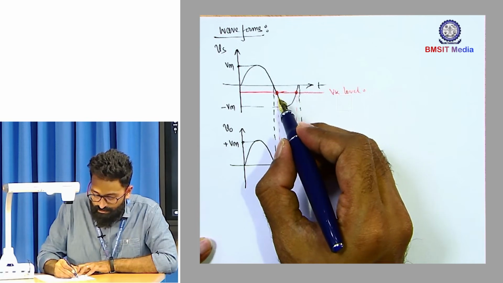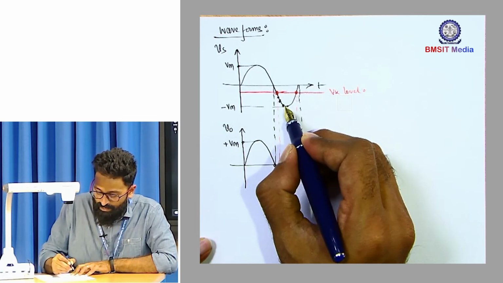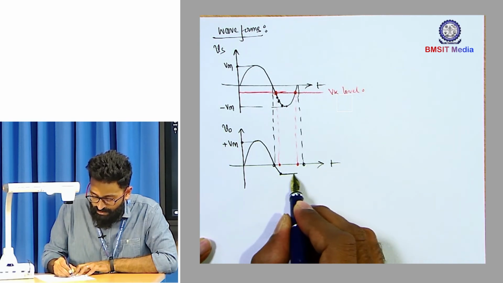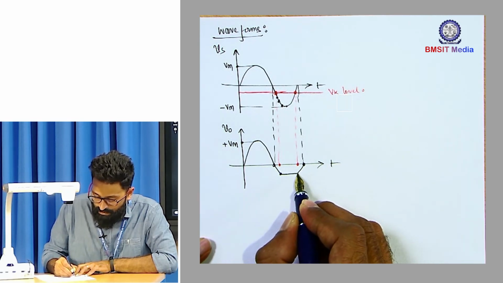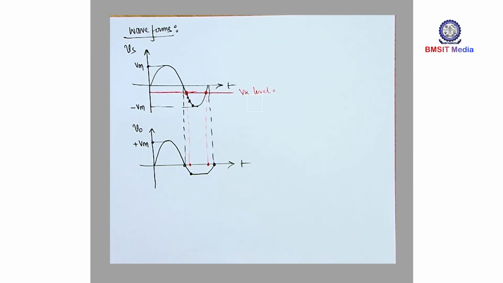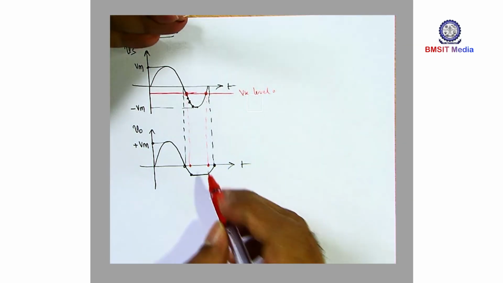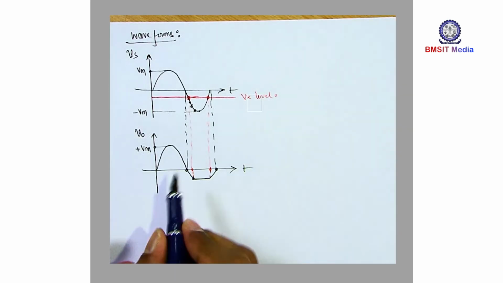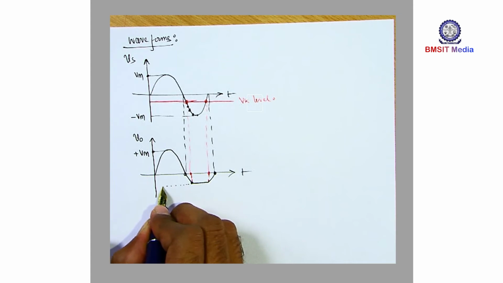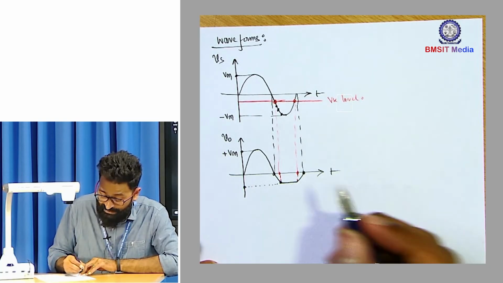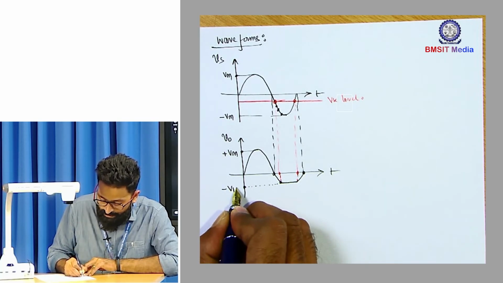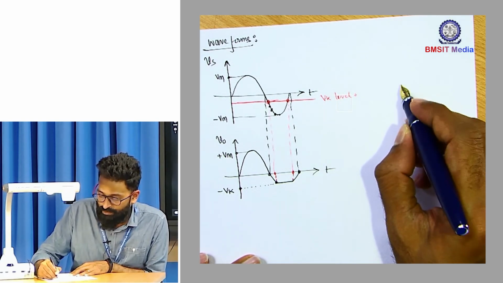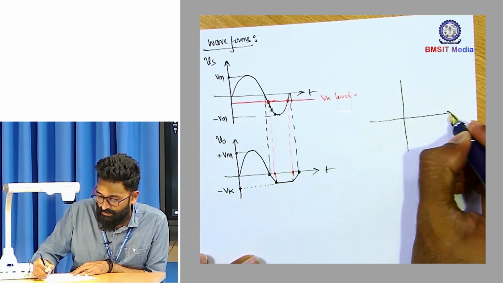And the moment the input exceeds the Vk value, the output is equal to minus Vk. So this type of waveform you are going to get. The negative half cycle of the output is getting clipped at minus Vk level, and accordingly you can plot the transfer characteristics as well.